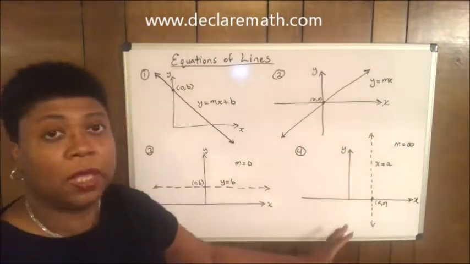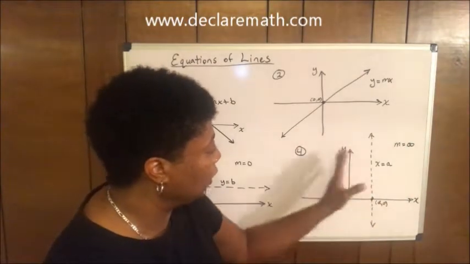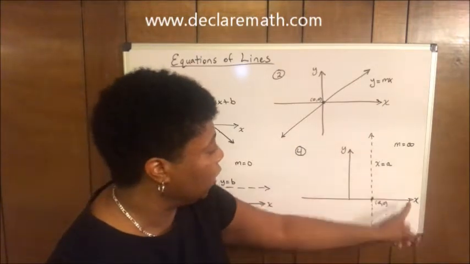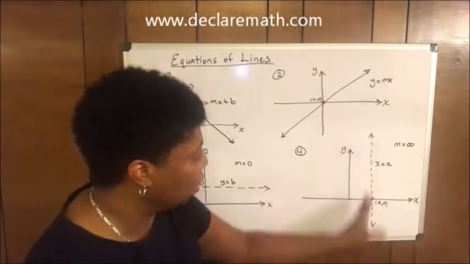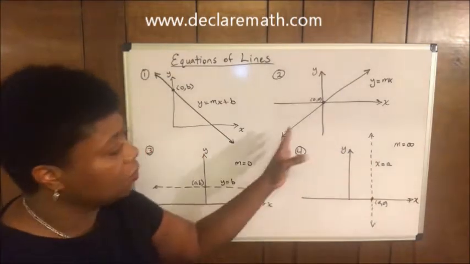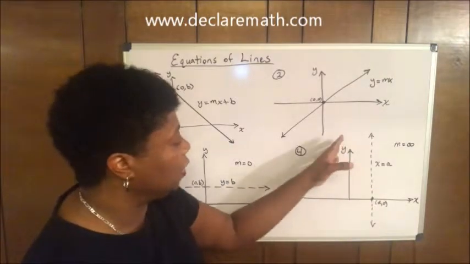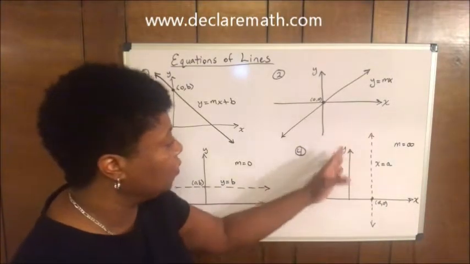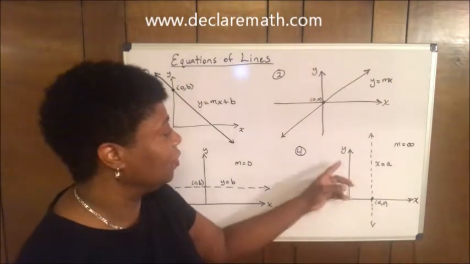you end up with an x-intercept. So an equation like this right here, when it is parallel to the y-axis, could be x equals 1, x equals 10, x equals negative 4, and it also could be, guess what, x equals 0, which is what?